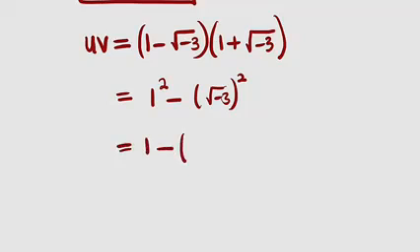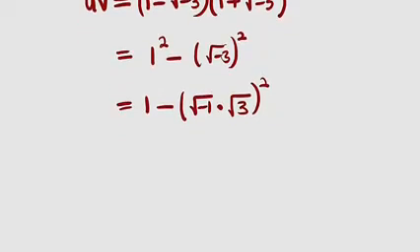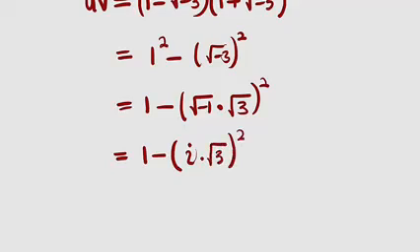You should know that the square root of negative 3 is the same thing as the square root of negative 1 multiplied by the square root of 3, the whole of this squared. This is equal to 1 minus, the square root of negative 1 is i, right? So we have i here, multiplied by the square root of 3, squared.